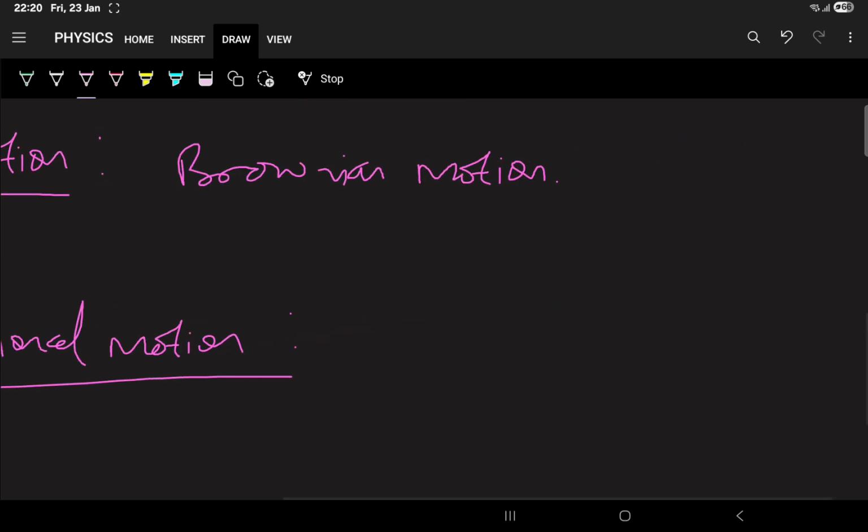Under translational motion, this just means a rigid body moving from one point of space to another point of space without rotation. So it is a form of linear motion that is done without rotation. There's no rotation involved. Example, if for instance I go from point A to point B without rotating, it is a translational motion.